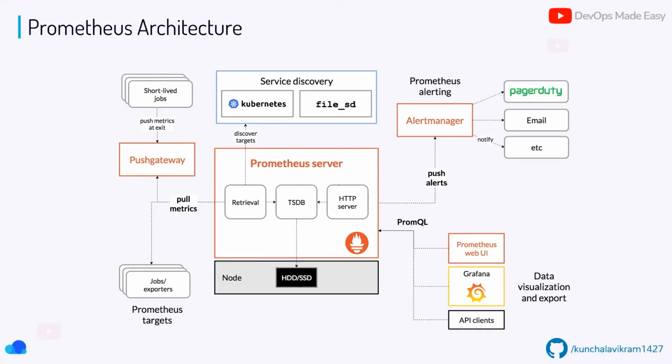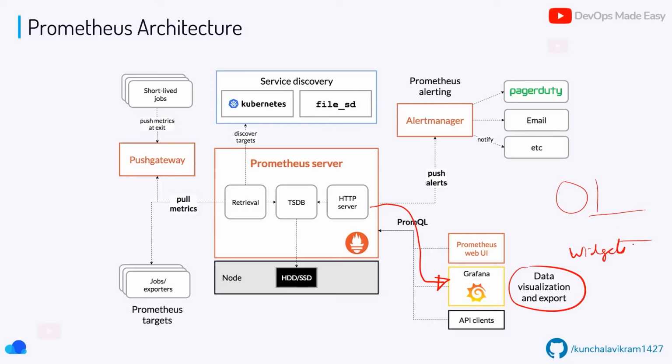So what if I want some beautiful dashboards? The Prometheus server shows all the data in raw format, like 70%, 80%, but I want visualizations. Here Prometheus can also integrate with Grafana. Grafana will take the data from Prometheus and display dashboards in the form of pie charts, line and bar graphs, and widgets.